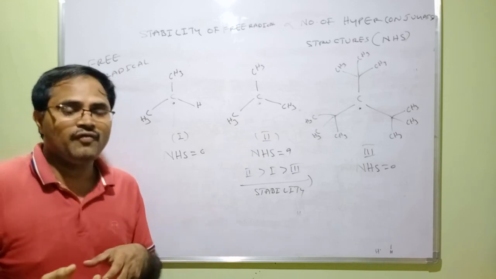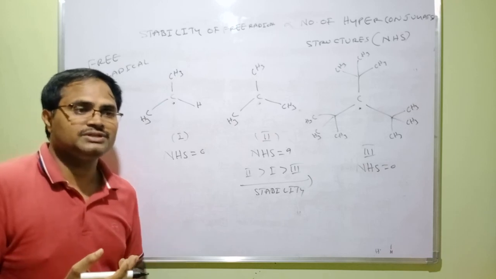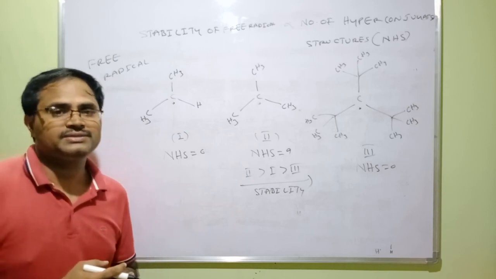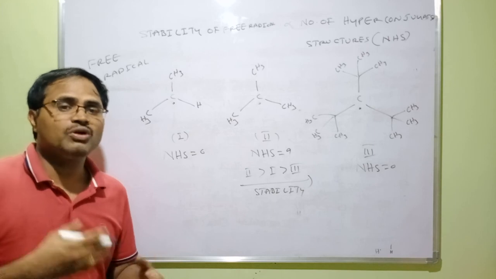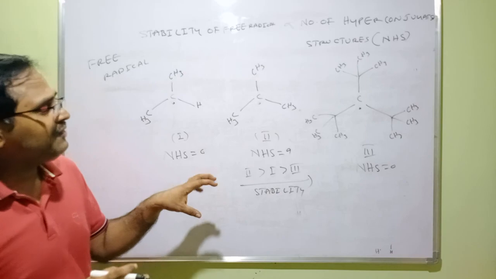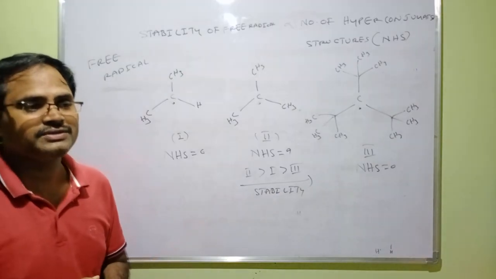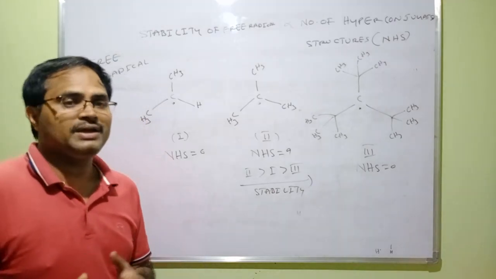If you know the stability of alkenes, you can understand the heat of hydrogenation, isn't it? We also saw hyperconjugation in carbocations, discussed the stability of carbocations, and also the stability of free radicals. So this is about hyperconjugation and its applications.